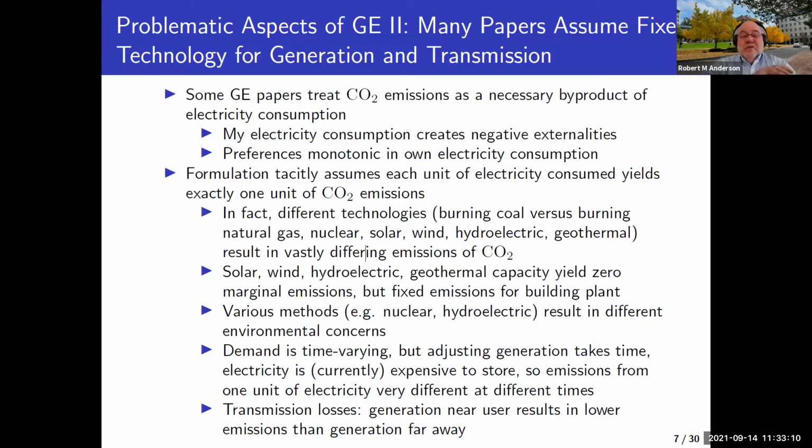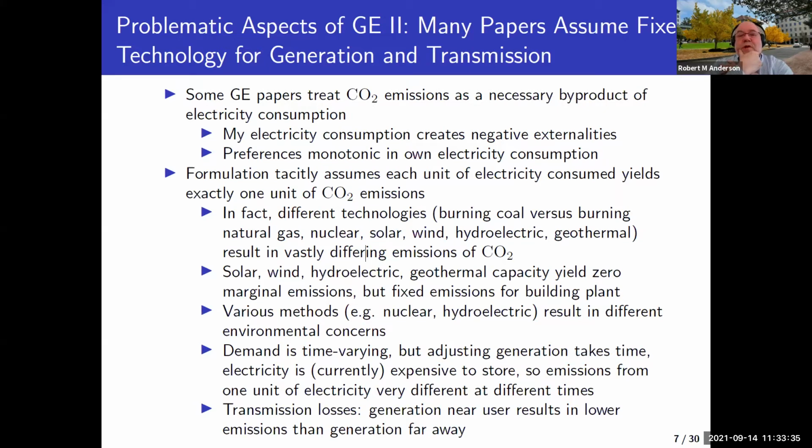Okay, if I'm going to sweep the CO2 under the table and treat electricity consumption as the commodity that I'm going to perhaps tax in order to control CO2 emissions, well, it doesn't really get at what I want, because different technologies are either much greener or much less green.